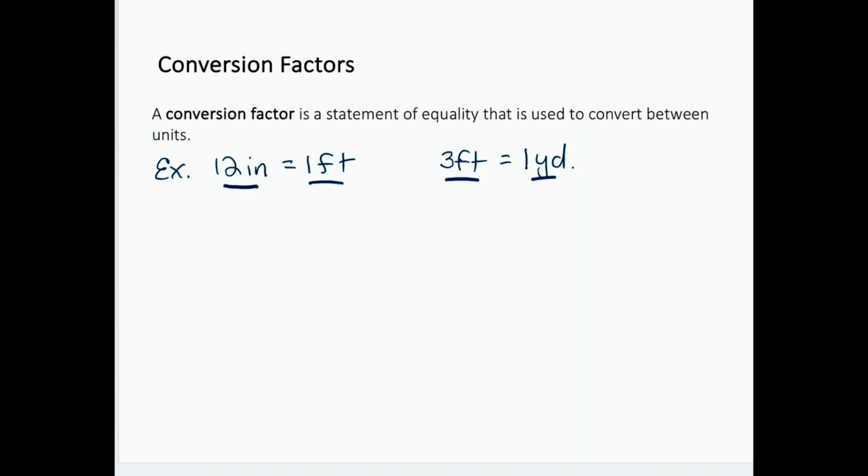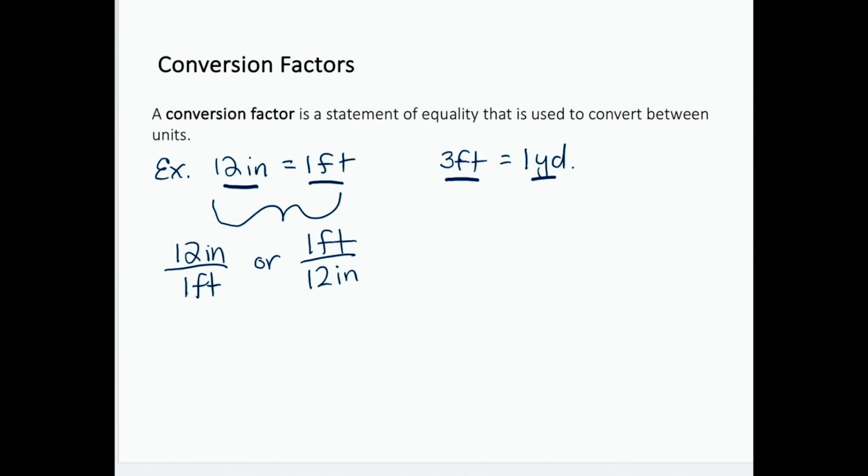Now, when we do our calculations and we use these conversion factors to solve a problem, we're going to write them as fractions. So these conversion factors can be written, let's look at this one first. I can write it as 12 inches over 1 foot, or I can write it as 1 foot on the top over 12 inches.